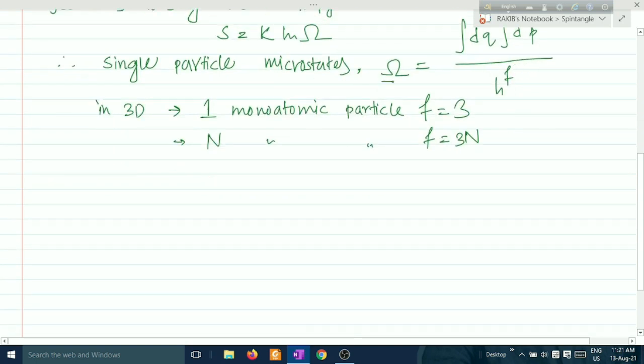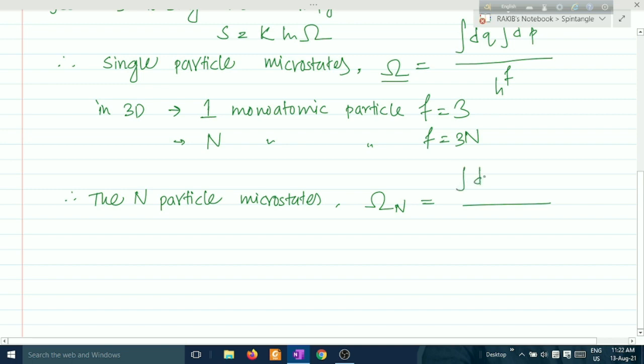This is the single particle microstate, therefore the n particle microstates will be given by omega n, which becomes d3n q d3n p upon h^3n. Okay, I think that's all.